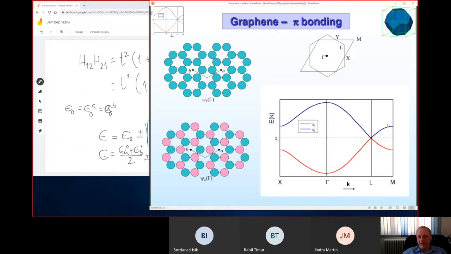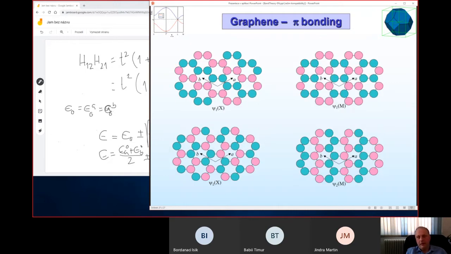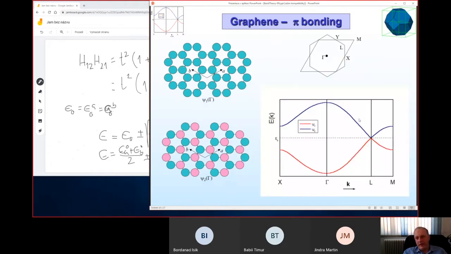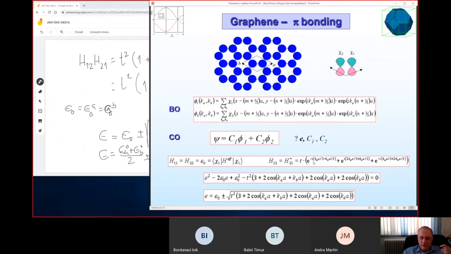At the M point, we have the same energy, so apparently the X and M points are symmetrically equivalent. But interestingly, at the L point, and it is very important, we have, no, it is not shown here, but at the L point, we have a completely non-bonding interaction, which means that in this equation these terms must be cancelled.